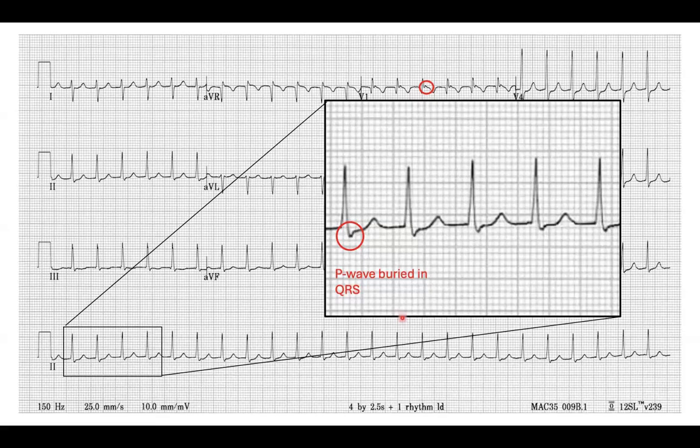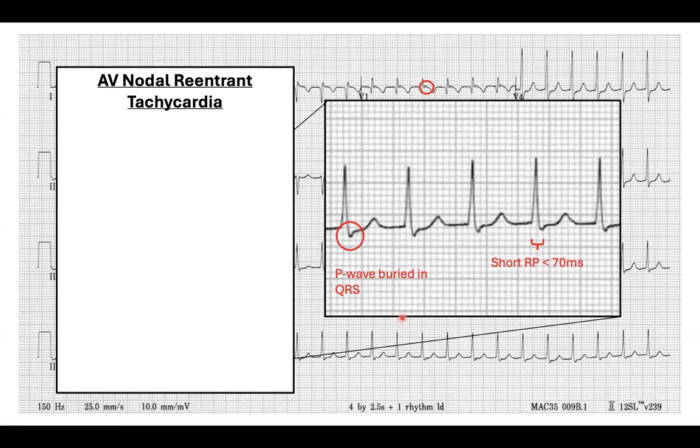And then, trying to ascertain this RP interval, we can see that it's quite short. As Dr. Matos was just commenting on, we are recognizing that the atria are contracting right after the ventricle is. And so seeing this, we can tell that this is very typical for an AV nodal reentrant tachycardia.